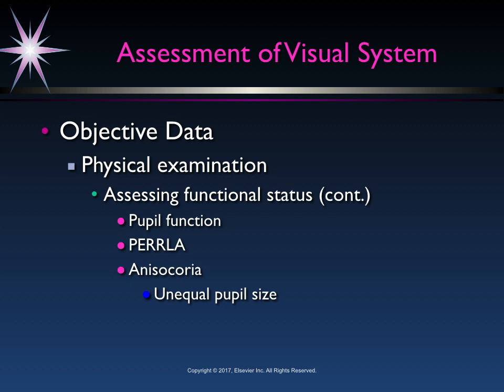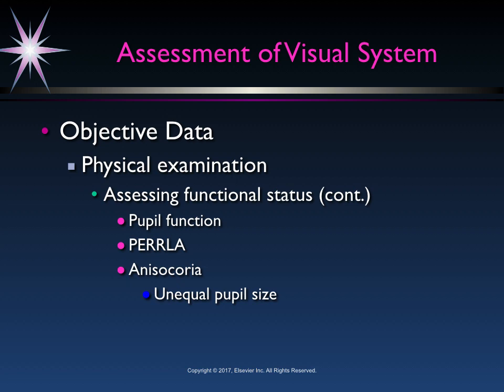Also, we look at pupil function, and it's determined by inspecting the pupils and the reaction to light. So PERRLA means that the pupils are equal, round, reactive to light, and accommodation. So we want to see that the pupils look like that.